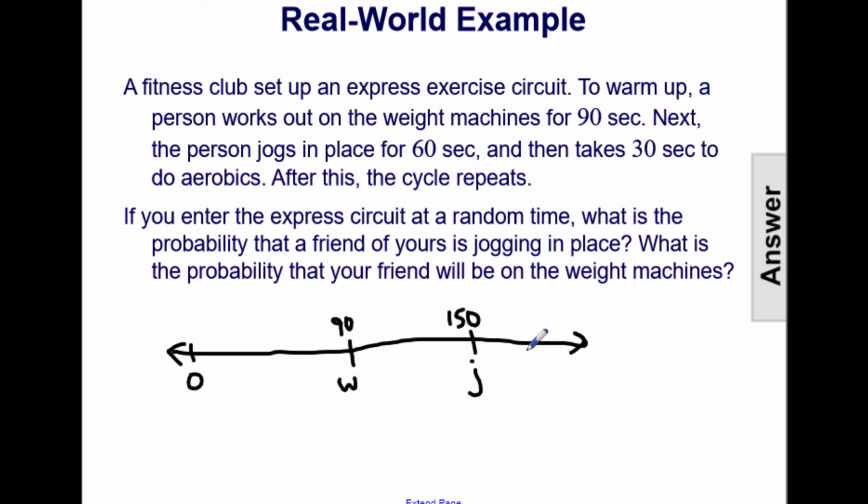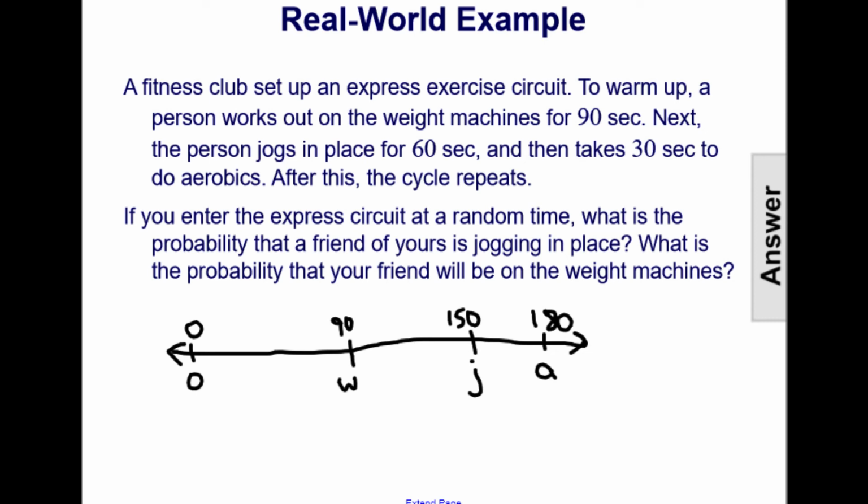And then for 30 seconds you do aerobics, we'll say A, so 150 plus another 30 seconds would be 180. So you have a total of 180 seconds in this cycle. That's your total length from O for 0 seconds to A.